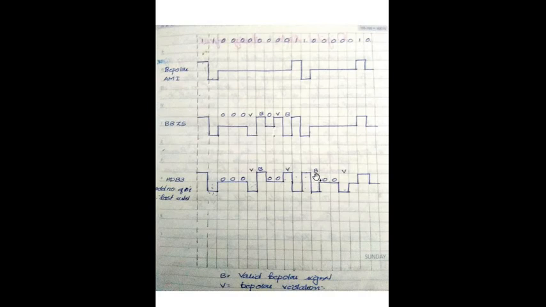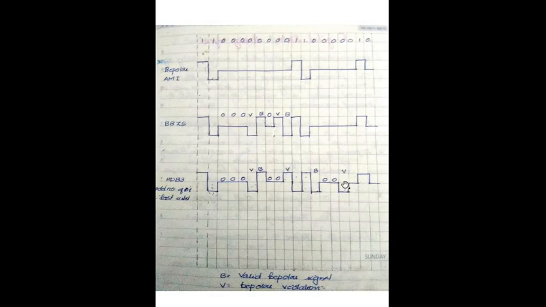How does it become B? Because the previous one is positive and the next one is negative, so it is a valid B. Then 0 0, then also negative. So it is a violation of the previous: if it is negative, then it should become positive, but it is violating the properties of bipolar AMI.